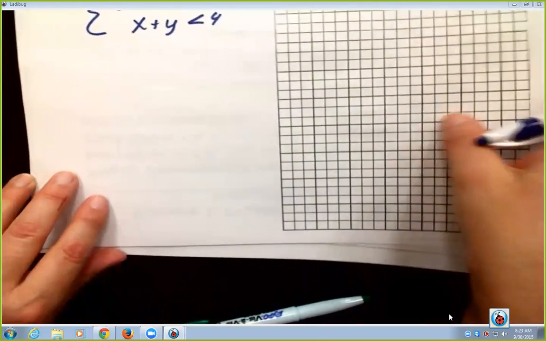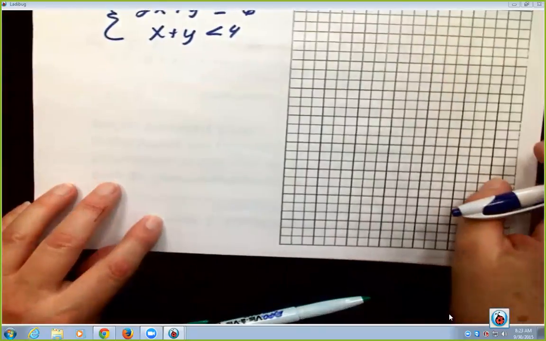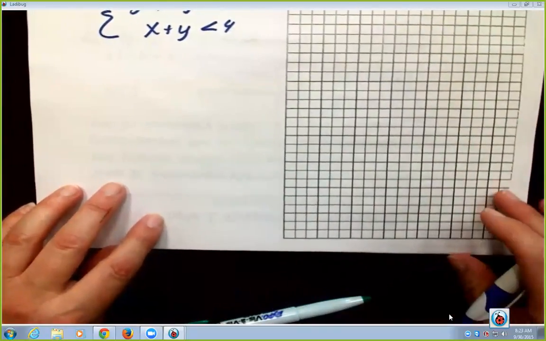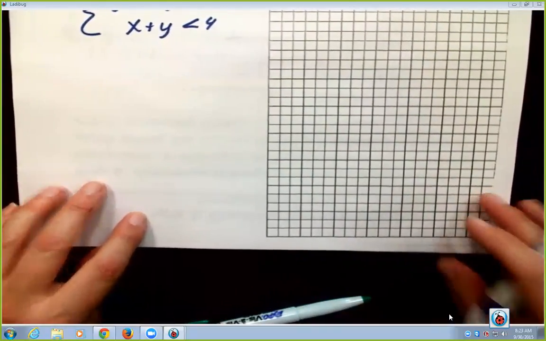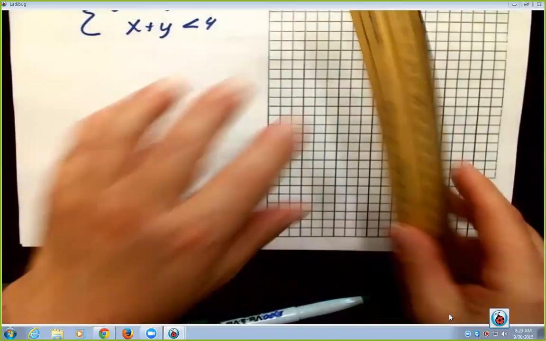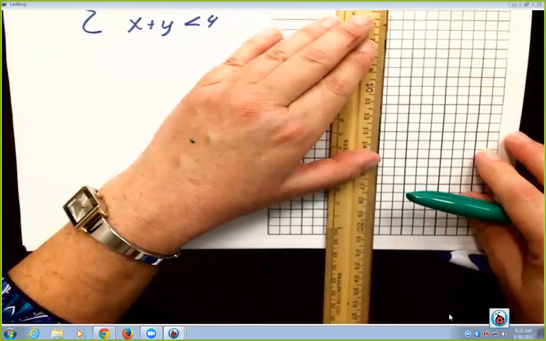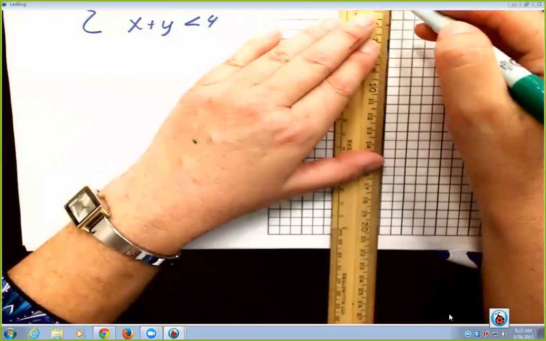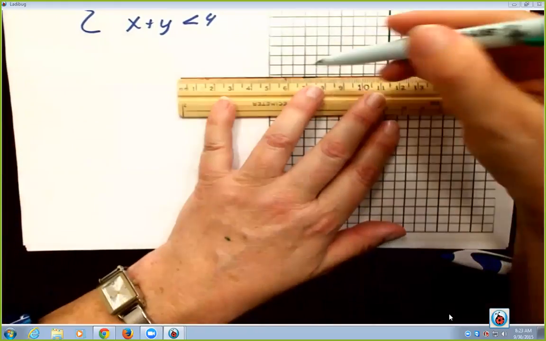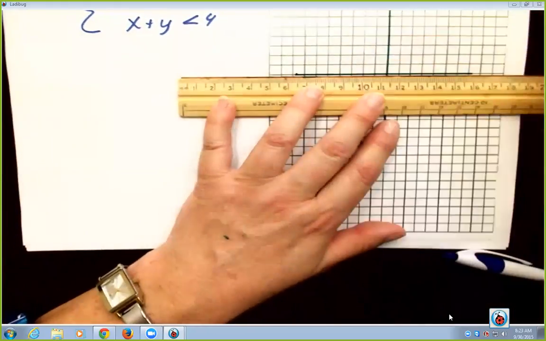Here's another one. Let's see if we can graph this one and see what happens with it. So if we go through, in order to graph it, of course, I need my x and y intercepts. And again, when you do this by hand, of course, you'd probably want your graph paper to use that.